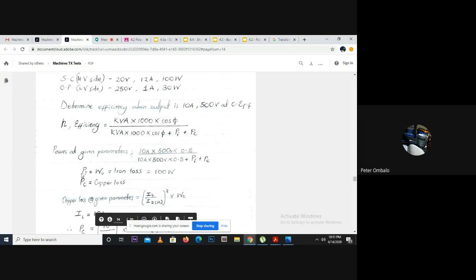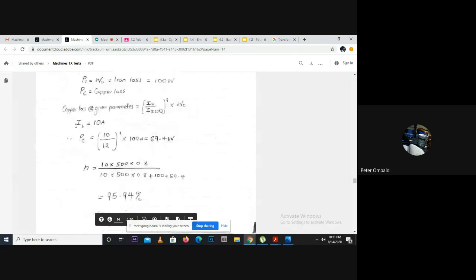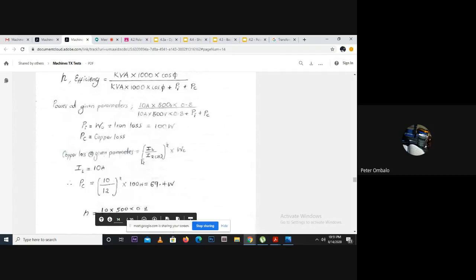And then now we are going to have to obtain the power losses, the iron losses, Pi, and copper losses. So the copper loss at the given parameters, we remember the copper losses are given by the short circuit parameters. We can always obtain the copper losses from short circuit parameters.